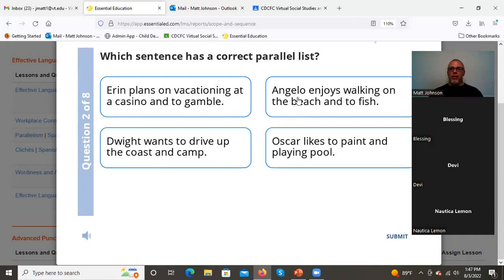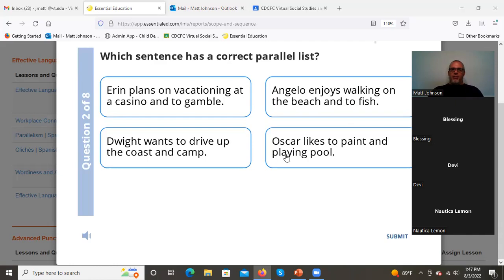"Angelo enjoys walking on the beach and to fish." So Angelo enjoys walking. Remember, enjoys is our verb. Walking here is a noun. "Angelo enjoys walking on the beach and fishing" would be the way that you would want to correct that. "Oscar likes to paint and playing pool."